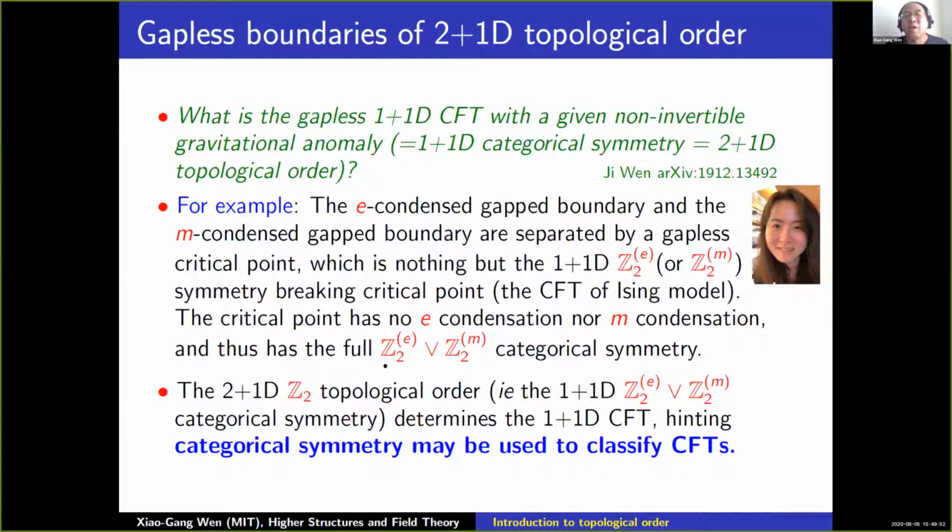However, this statement really says that the Ising CFT also has an emergent symmetry, this additional Z2M symmetry. So in addition to the Z2E symmetry, there's another Z2M symmetry at the Ising critical point. And these two emergent symmetries are put together in some non-trivial way, which is called the categorical symmetry. Therefore, this categorical symmetry can be viewed as an emergent symmetry which appears only in low dimensions from this CFT.